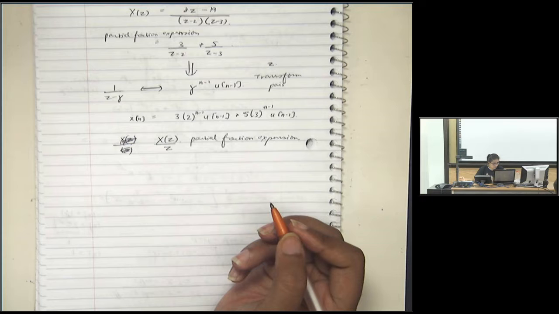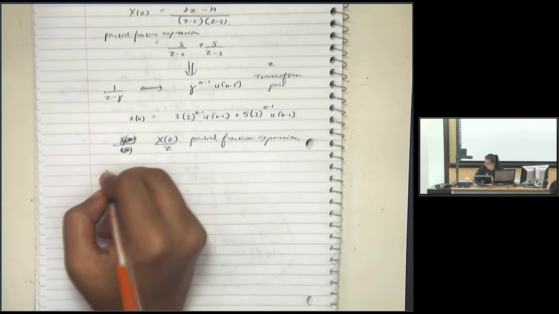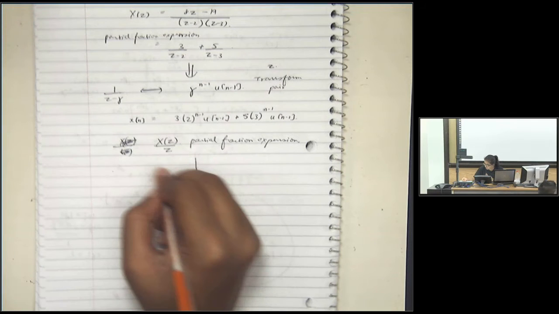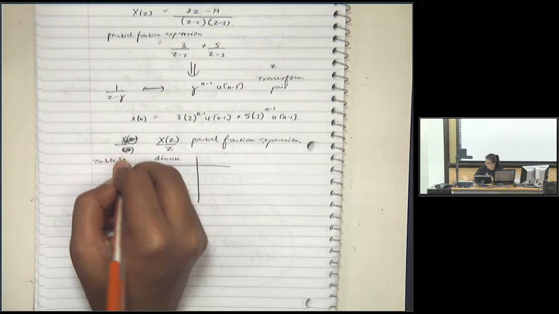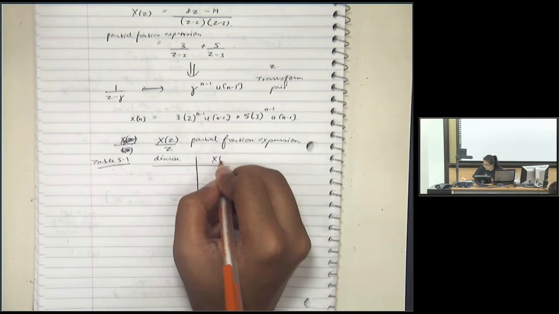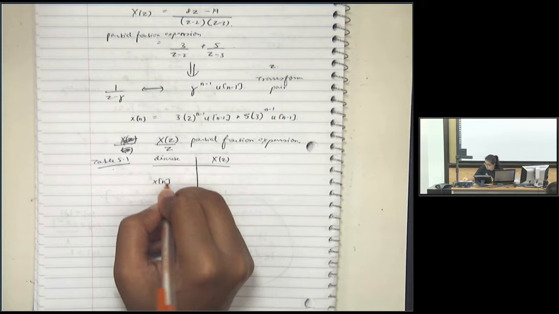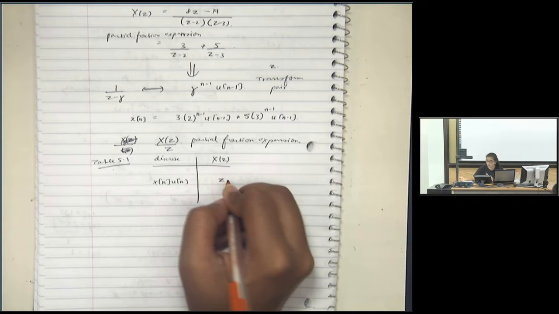Whenever there is a u of n term in our x of n, in the table, this is my discrete table 5.1 specifically, these are my discrete signals and this is my Z transform. Whenever my x of n is multiplied with u of n, I have a Z in the numerator.